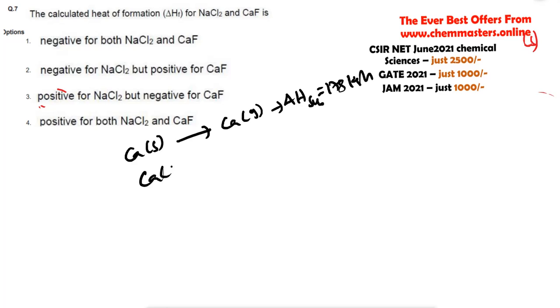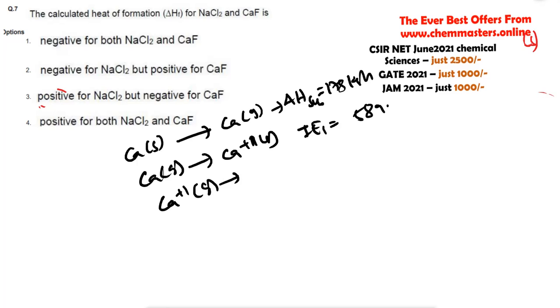Now calcium gas is converted to Ca+ gas, that means the first ionization energy equals 589. Now Ca+ gas is converted to Ca2+ gas, that is the second ionization energy, equals 1145. You can see the difference here.